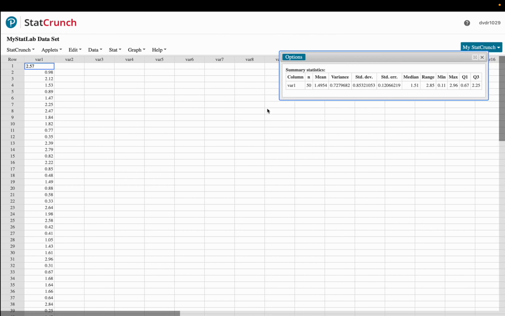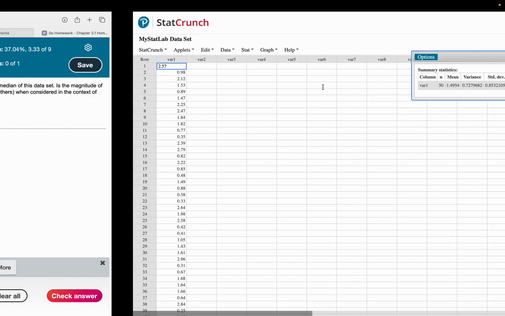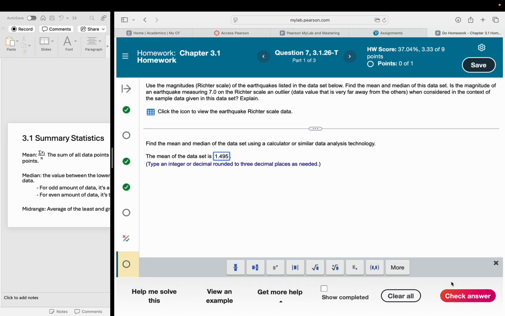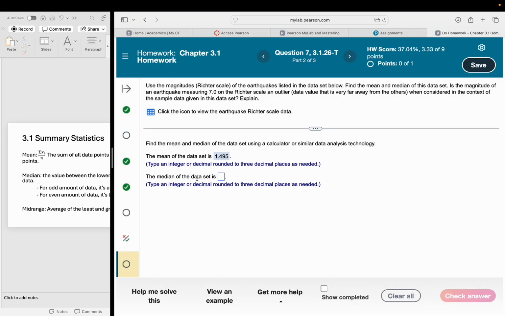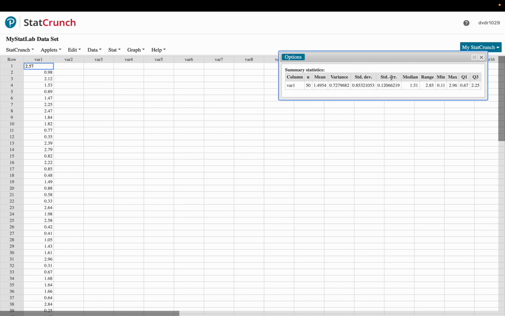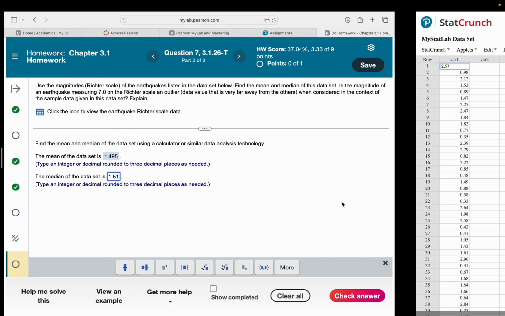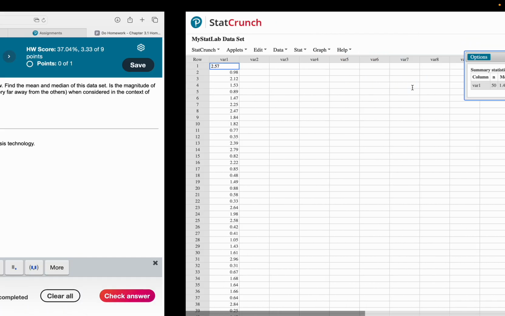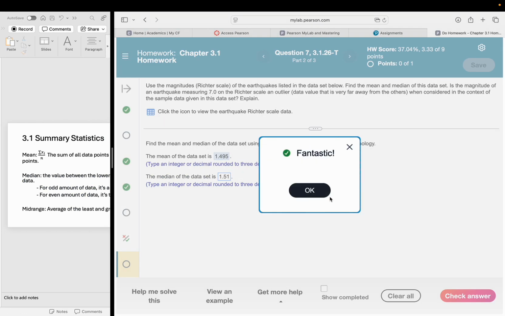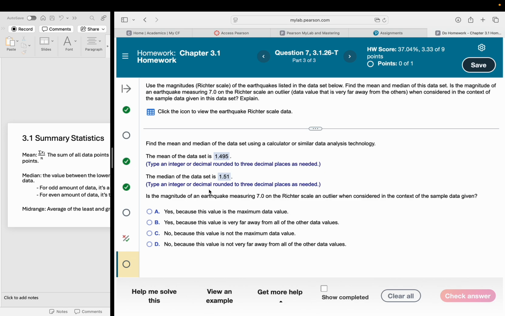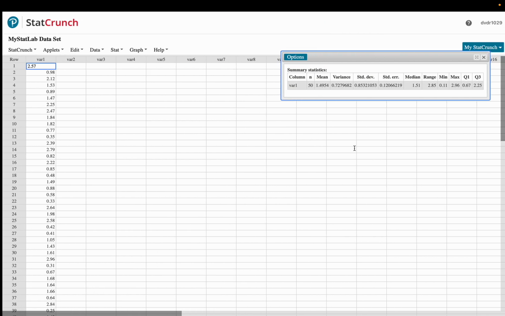Oop, but they want 3 decimal places. 1.495. I've got a median of 1.51, which is a little bit annoying because they wanted 3 decimal places, but they only give me 2, but that works. All right, up next is the measure of 7.0, considered an outlier.